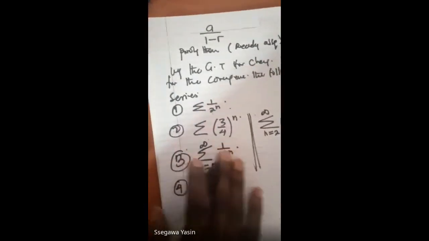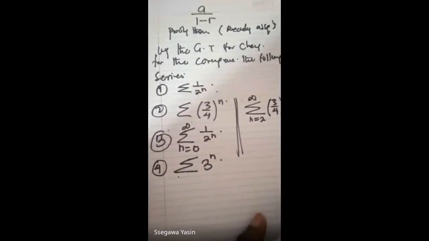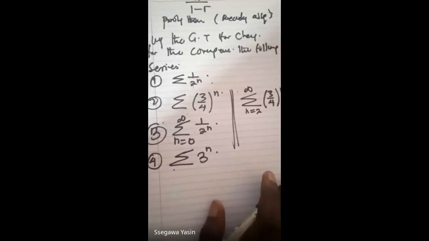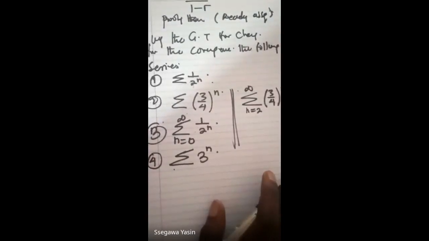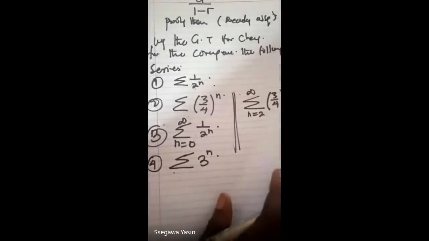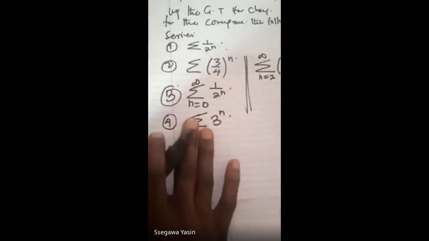Hope you have finished copying. So in this case, when you try to check properly, we can start with number 1.